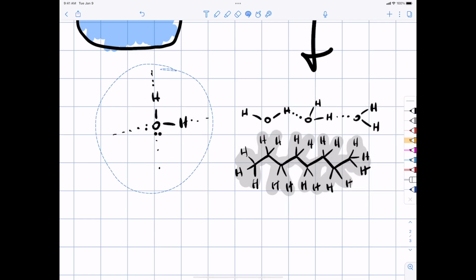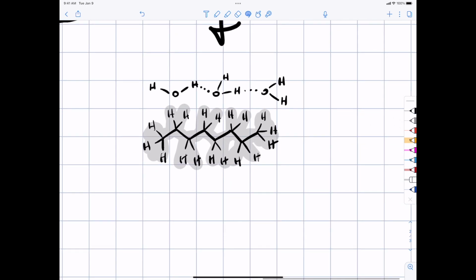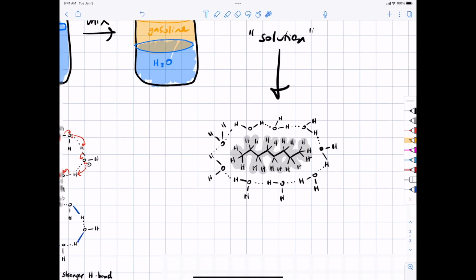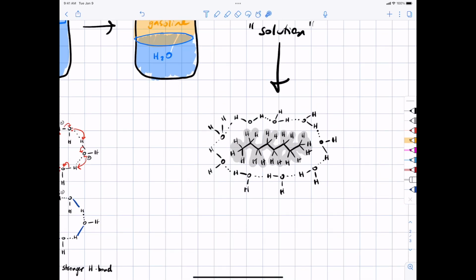But when you make those water molecules get close to the hydrocarbon, you don't have nearly as many hydrogen bonding opportunities. And so as a result, the water molecules close to the hydrocarbon arrange themselves in a somewhat rigid cage. Their movement is restricted because they're trying to compensate for their lost hydrogen bonds.